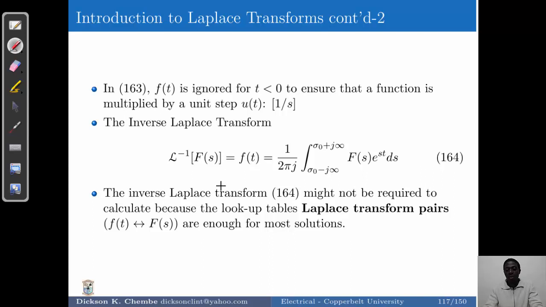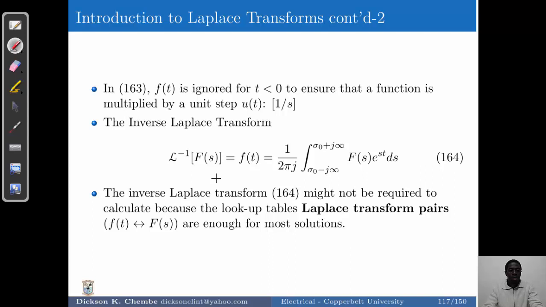So we're going to stick to using the tables, and I don't think we'll need to use this equation.